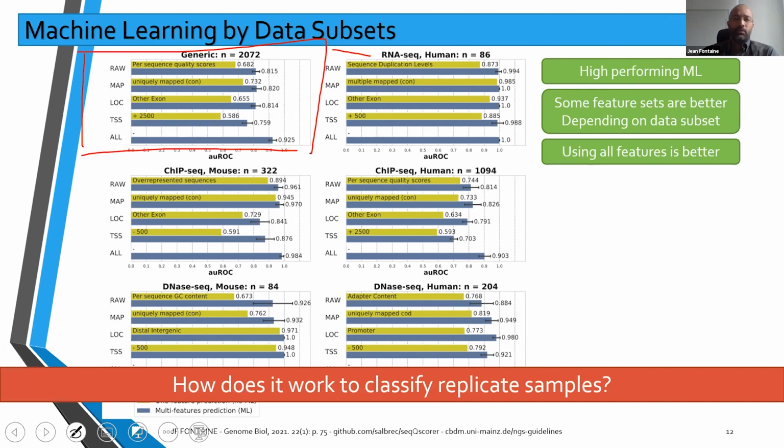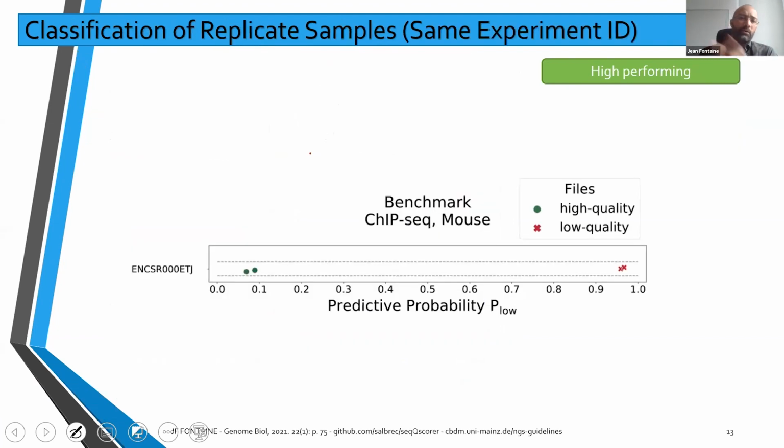And yeah, a question was, because so far this is global validation or checking the result globally, how does it work on replicate samples? Let's say you're one person, you're a biologist and you have a single experiment. You're interested to see if it's working on your few samples.